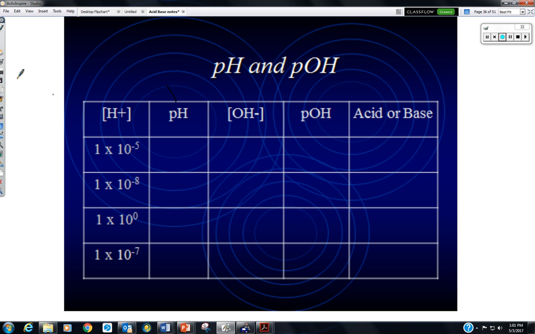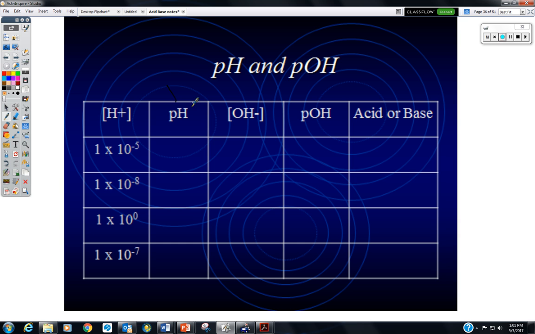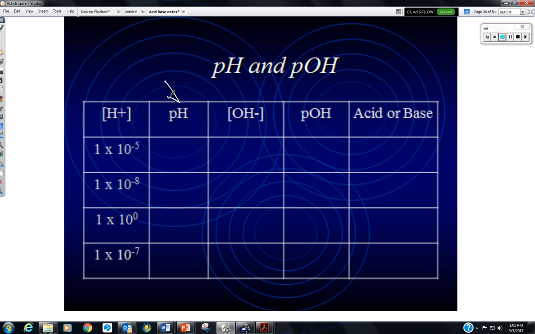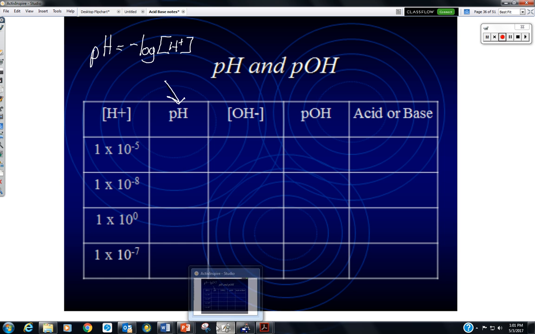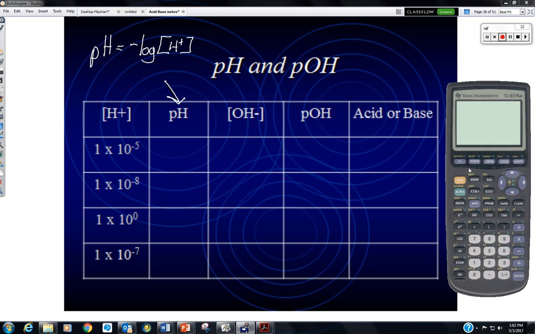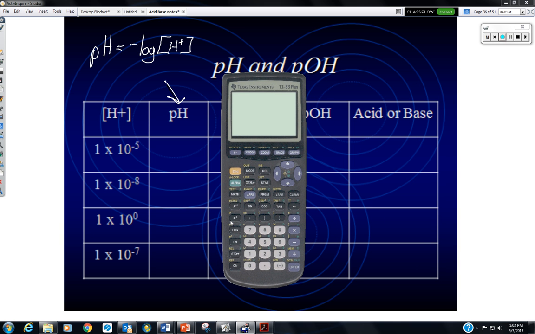So if you remember, let me switch to a different color ink. If you remember, to solve for pH when we're given the concentration of hydronium, we're going to take the negative log of the hydrogen concentration. I'm going to show you this on the calculator just so that you can see. Move my calculator a little bit forward.